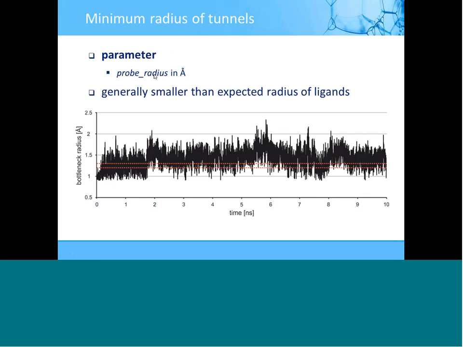Here on the graph, there is the fluctuation of the narrowest portion of one tunnel through a very short MD simulation, 10 nanoseconds. You can also see radii of the same tunnel in the dotted lines, obtained from 2 crystal structures, and you see that the differences can be quite significant.